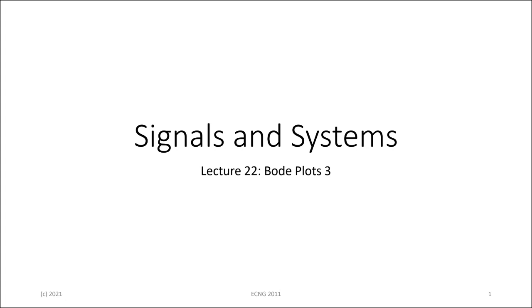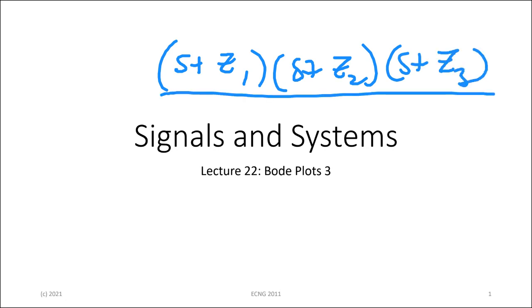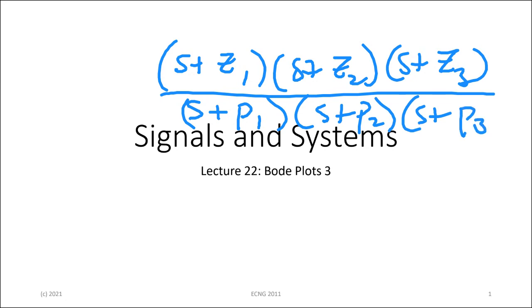Everything that we did before is all well and good, and we could handle any system with any number of simple poles and simple zeros. If you're given any transfer function, and on top you have s plus z1, s plus z2, s plus z3, and on the bottom you have s plus p1, s plus p2, s plus p3, and you put a gain here, right?